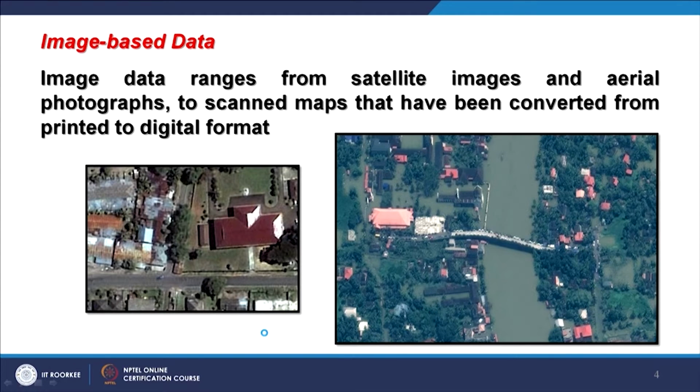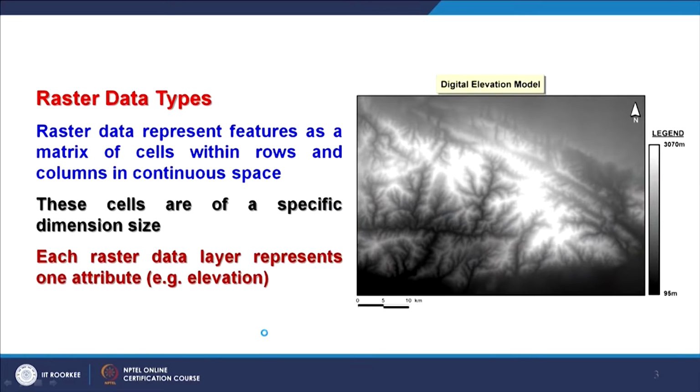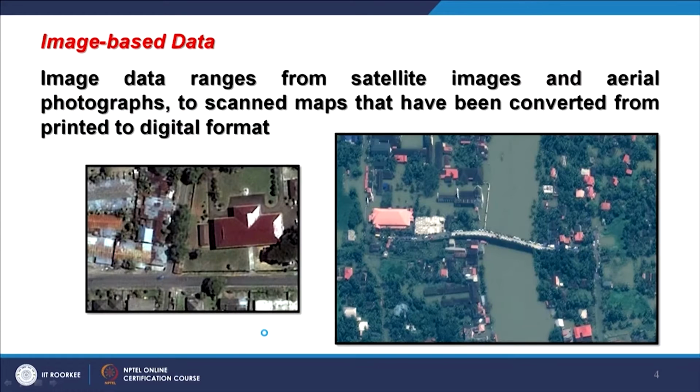As you can see, all details are available here, and these two images have almost the same colors as you see in the real world. Because of very narrow bands, it is now possible to get images in almost real color, if we are not using infrared or other channels. So your raster grid will look something like this, and your raster image may look like this.